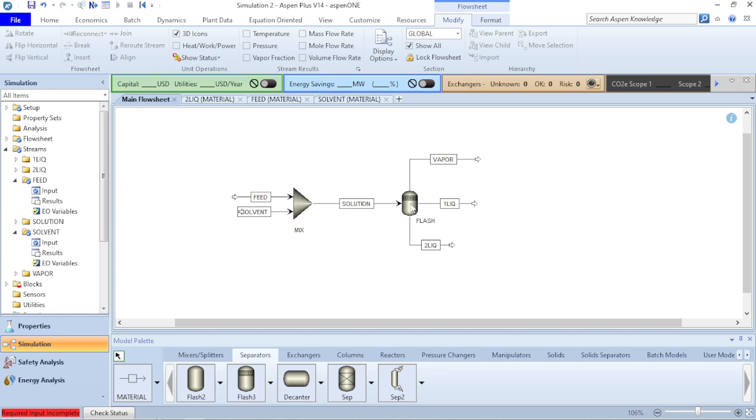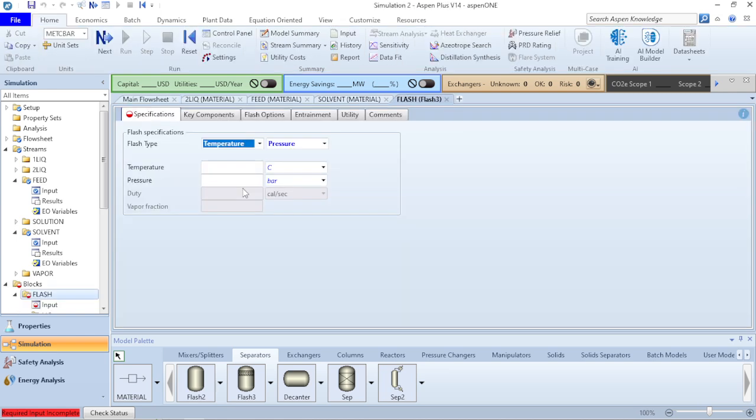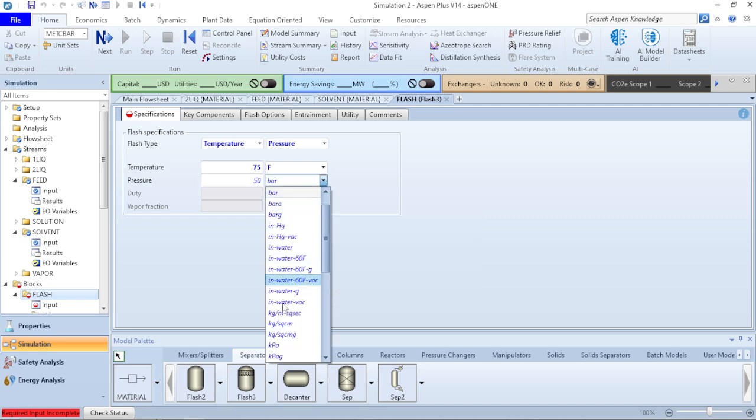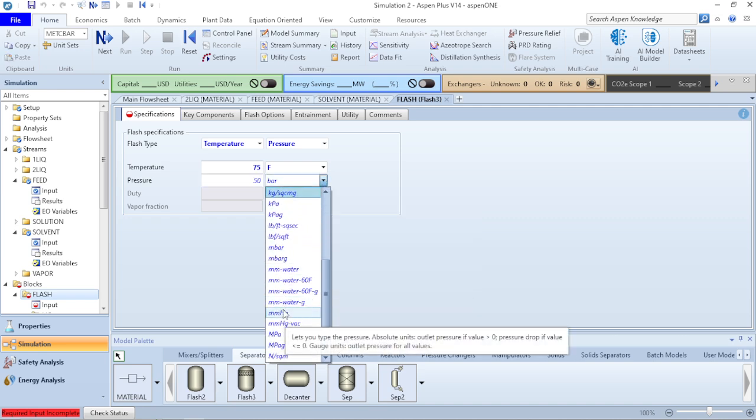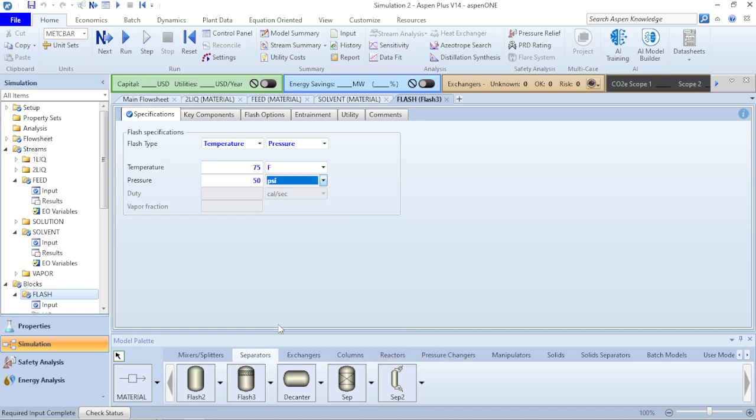All right, so for the flash, it's operating at a temperature of 75 Fahrenheit, and then we have this to be 50 psi. So let's look for psi. That is it here.